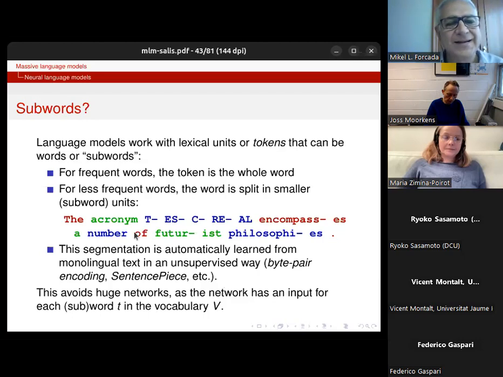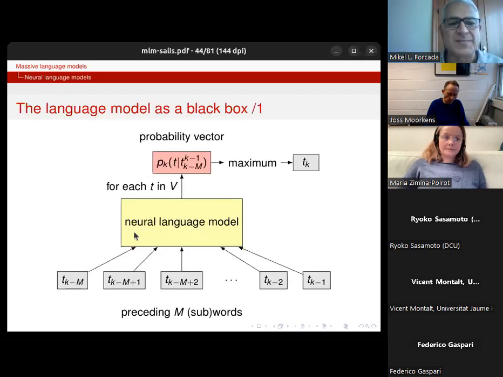So the language model is basically this big black box, when it's actually not black, it's more like yellow here. And it just takes the preceding M subwords, from t_(k minus M) to t_(k minus 1). It takes all these words, sticks them into the language model, and goes crunch, crunch, crunch, computes in layers and so on.